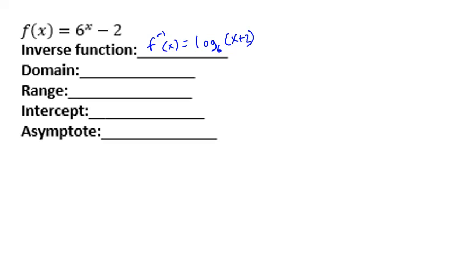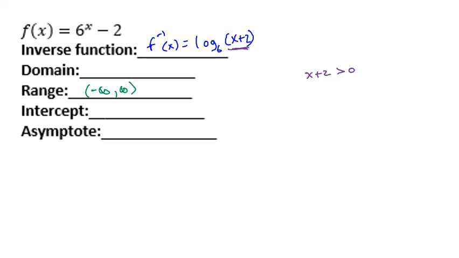What about the attributes? We know that the range is always the same for a log function. It's always going to go from negative infinity to positive infinity. The domain is whatever is going to make the argument positive. So we're asking the question, when is x plus 2 greater than 0?